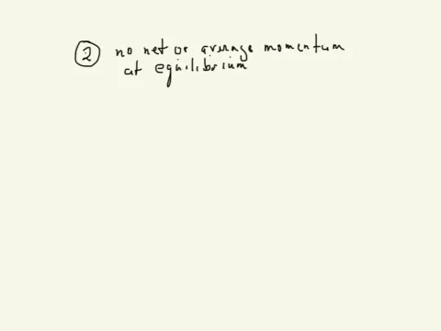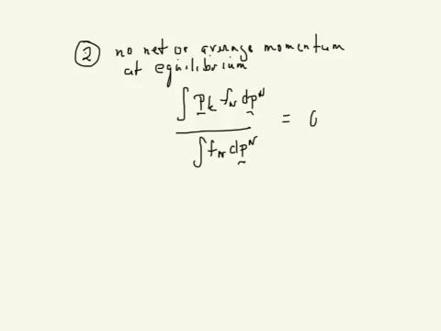Okay, the second condition is that there should be no net or average momentum in the system at equilibrium. So if we look at the average momentum of any kth molecule in the system, and we formulate our average in the usual sense, and we need to normalize over the momentum space, the result of all this should be 0 at equilibrium.